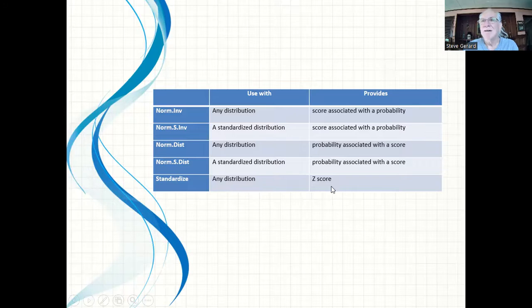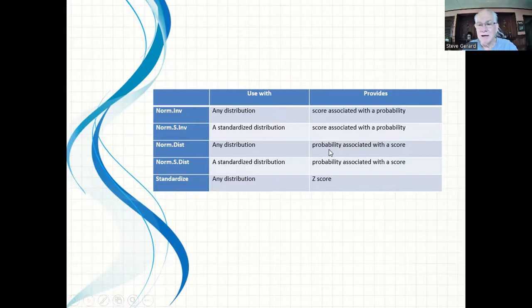Or if you have a 25-point test and you got 20 out of 25 correct, what's the z-score associated with that? You find the z-score, then you've got it. But what you're going to start with is asking, first of all, do I have a raw score distribution or a standardized score distribution? And then the second piece is, is Steve asking me for a score, or is he asking me for probabilities?